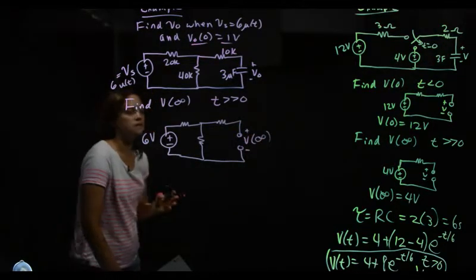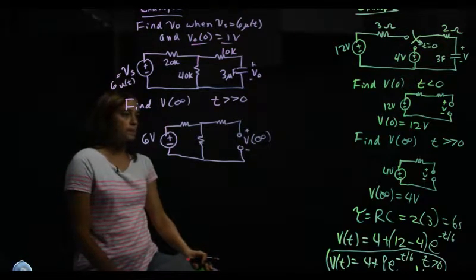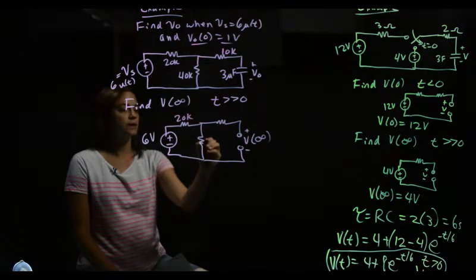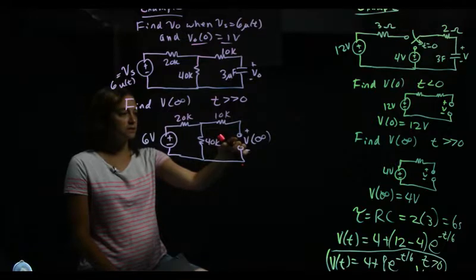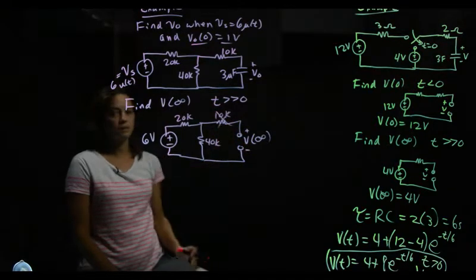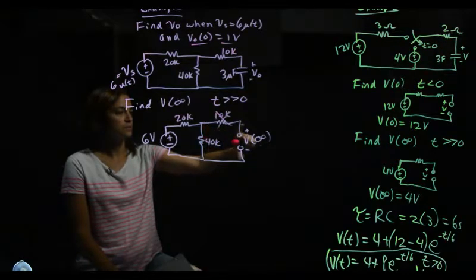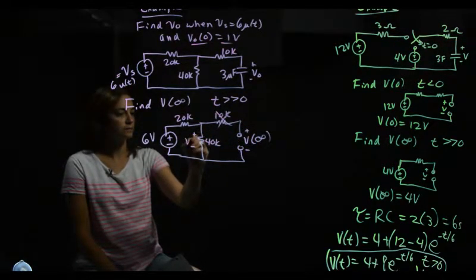So this one isn't quite as easy as that one, where we could just look at it and say what it is. But it's still not terribly difficult. So let's look at what we got here. This 10K resistor has a dangling end, so we don't care about it. That means the v(infinity) is the voltage right across here.